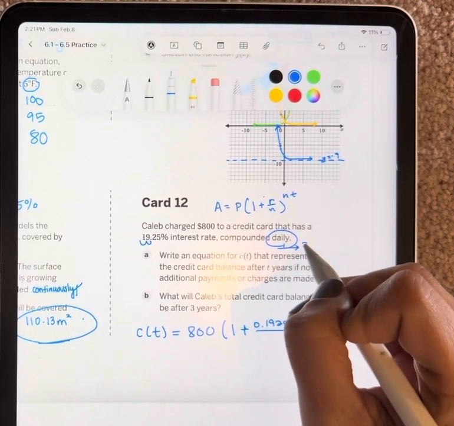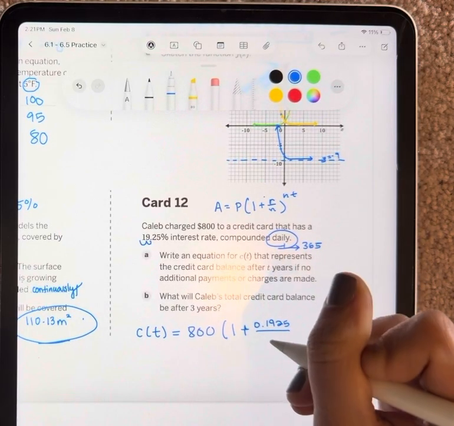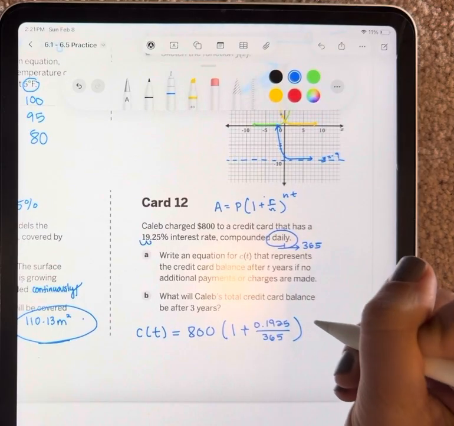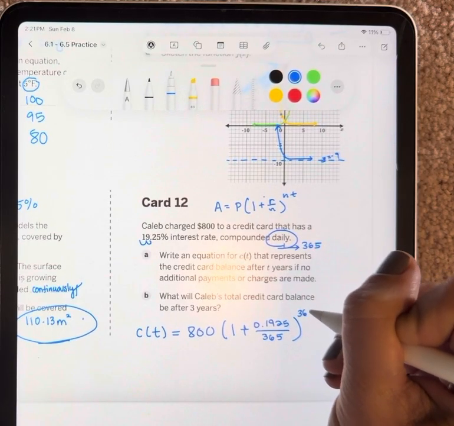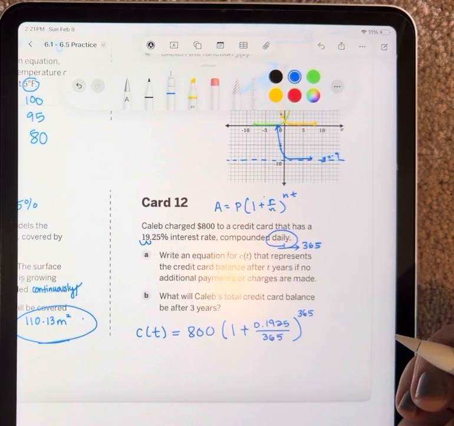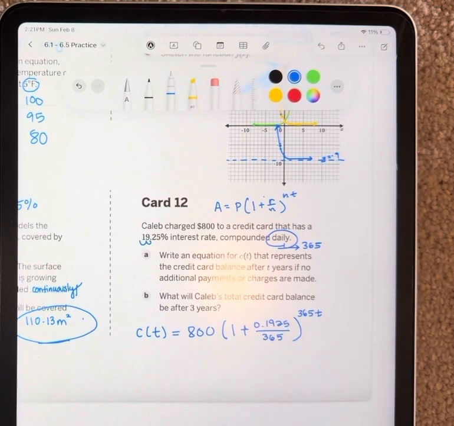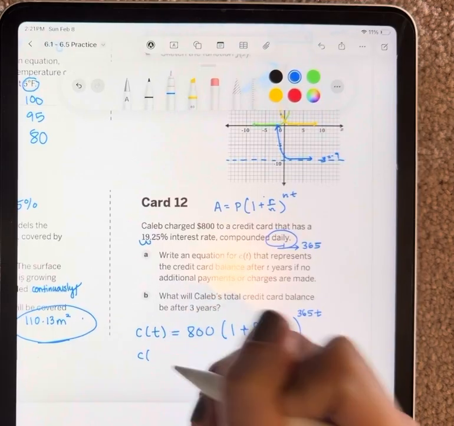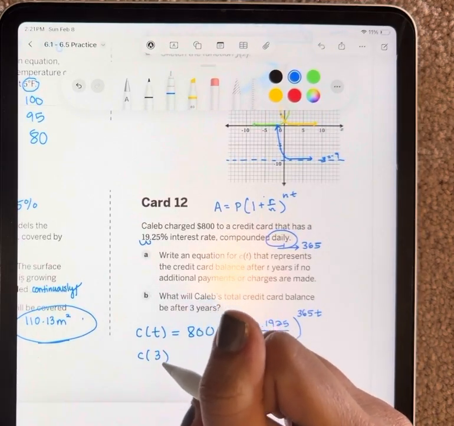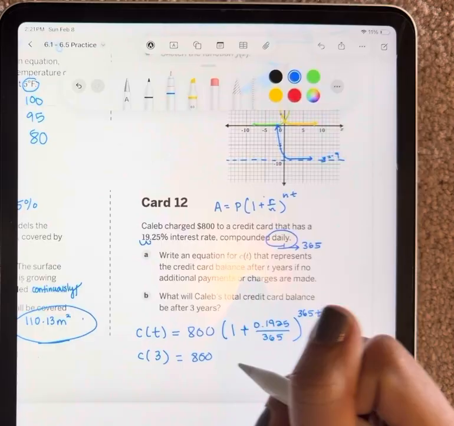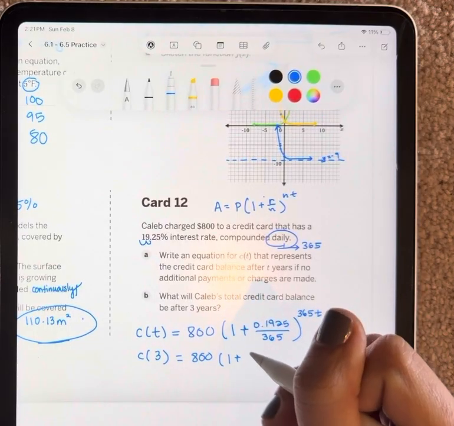If it's daily, that's 365 in a year. And then raised to the 365t. That's the equation. And then if they want to know what it is after 3 years, gosh, I'm so scared for Caleb. That $800 he spent, how much is it going to cost him?